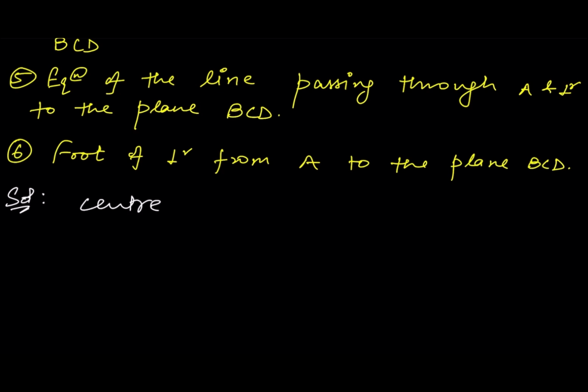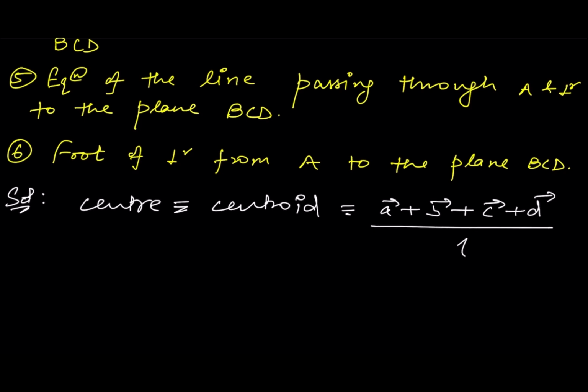Center is equivalent to centroid, and centroid is nothing but A vector plus B vector plus C vector plus D vector by 4. Okay, and A vector, B vector, C vector, D vector are nothing but the position vectors of the vertices. So I am writing by adding all these 4.